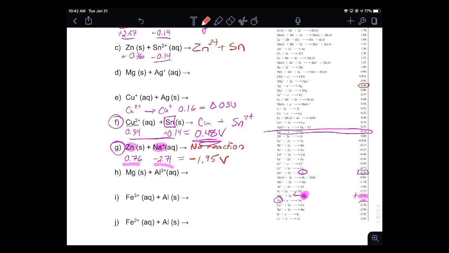It will work either way. I think we have to assume that a metal is going to make another metal, kind of thing.